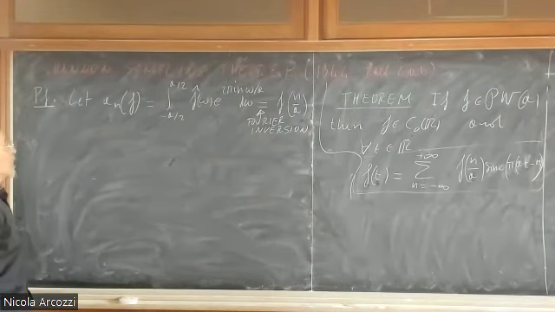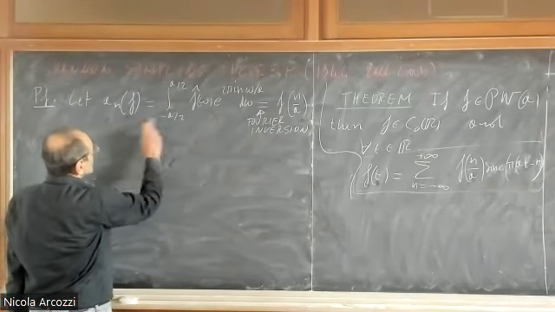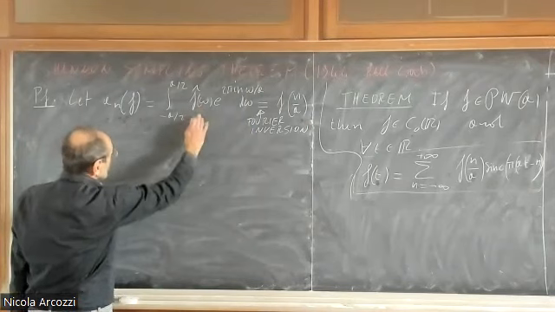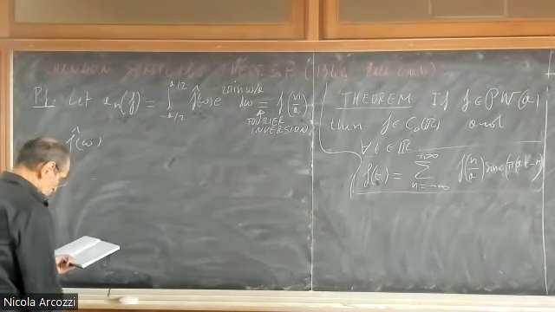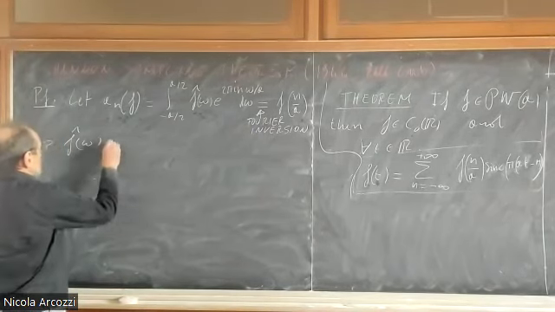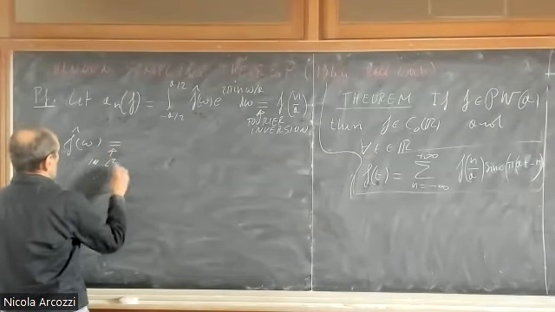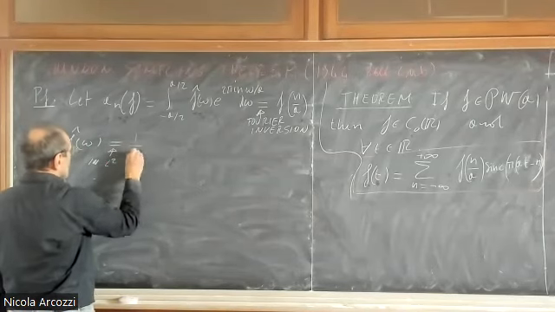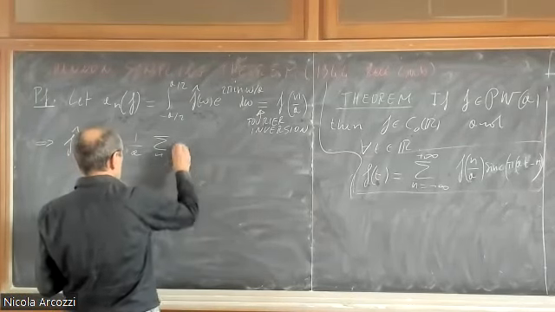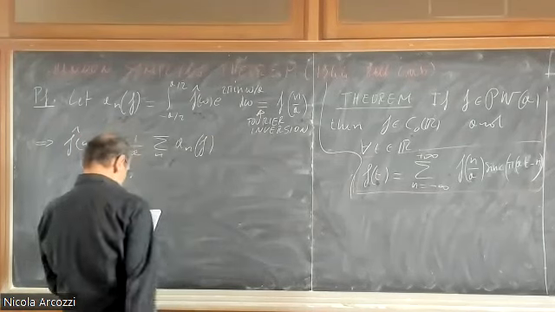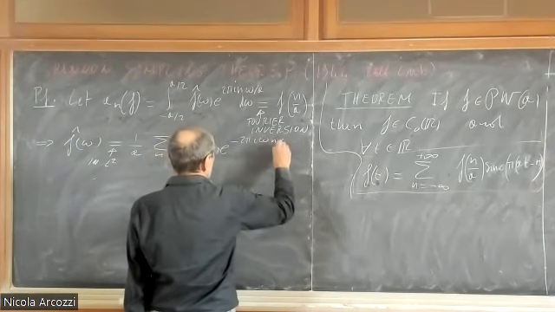Okay, since these are the Fourier coefficients of this function, then f hat of omega, in the L2 sense, can be written as 1 over a times the sum over n between minus infinity and plus infinity of a_n times e to the minus 2 pi i omega n over a.